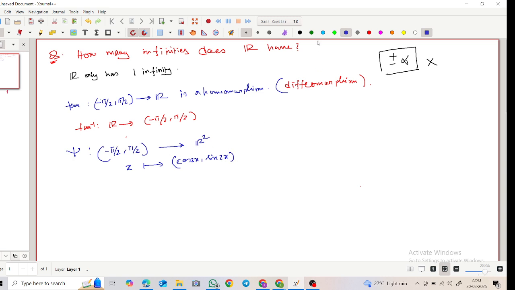Can you tell me what is the image of psi? So first we define S1 to be the unit circle, okay? S1 is basically x comma y belongs to, maybe I should have written it in terms of t going to cos 2t, sin 2t.